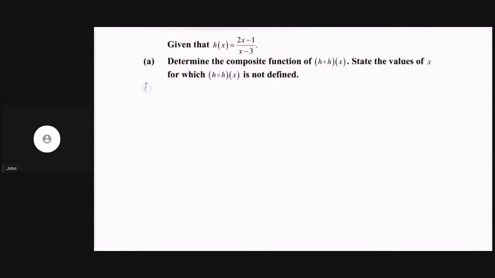So where we have h∘h, the function is equal to h(x).